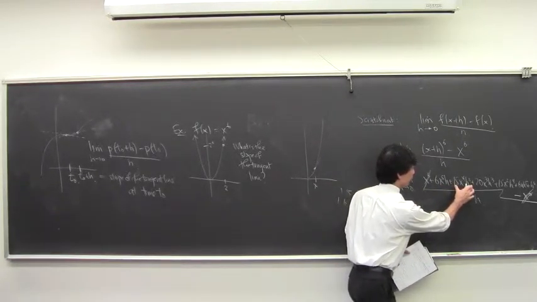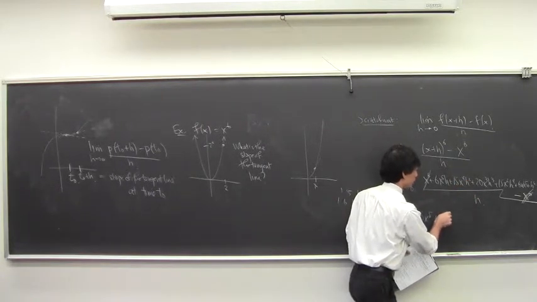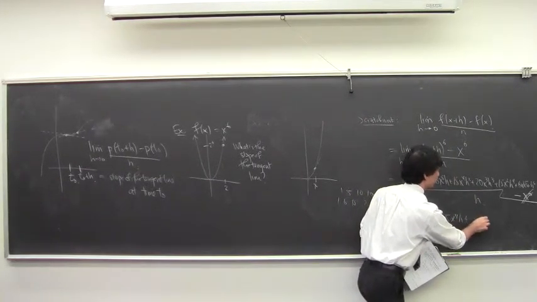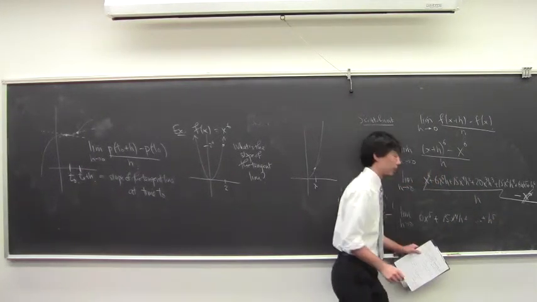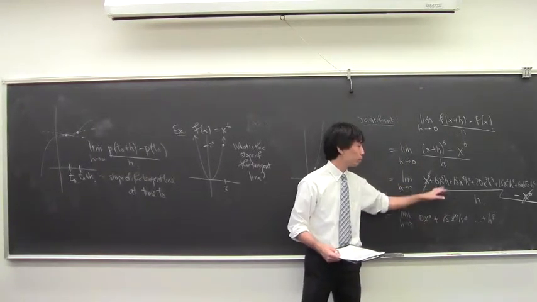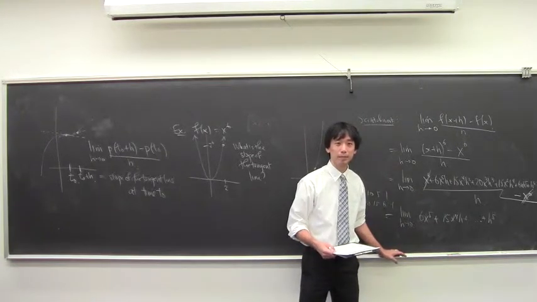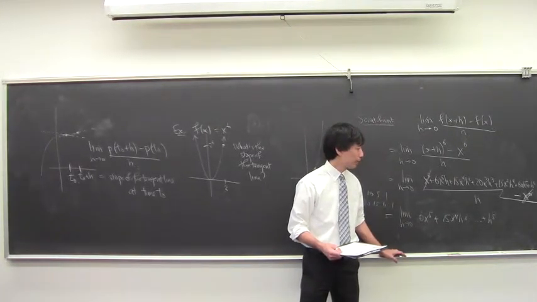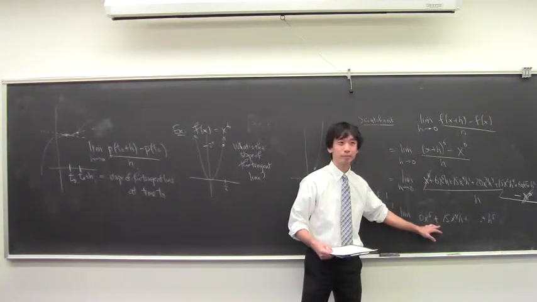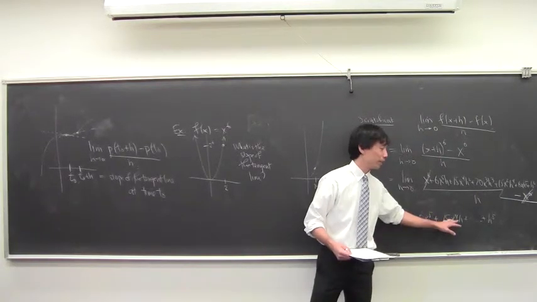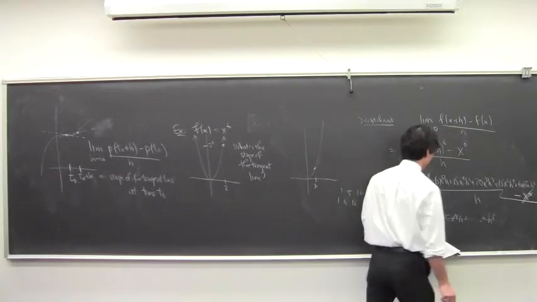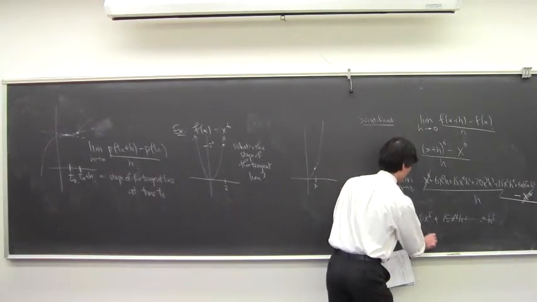You've got 15x to the 4th h squared, so that's going to be 15x to the 4th h. The powers of h are all going to drop by 1, plus h to the 5th. You divide the top by h, so all the powers of h drop by 1. And you see what happens? As h goes to 0, what happens? 6x to the 5th is the only thing left. Everything else vanishes. All these other terms vanish. So you get 6x to the 5th.